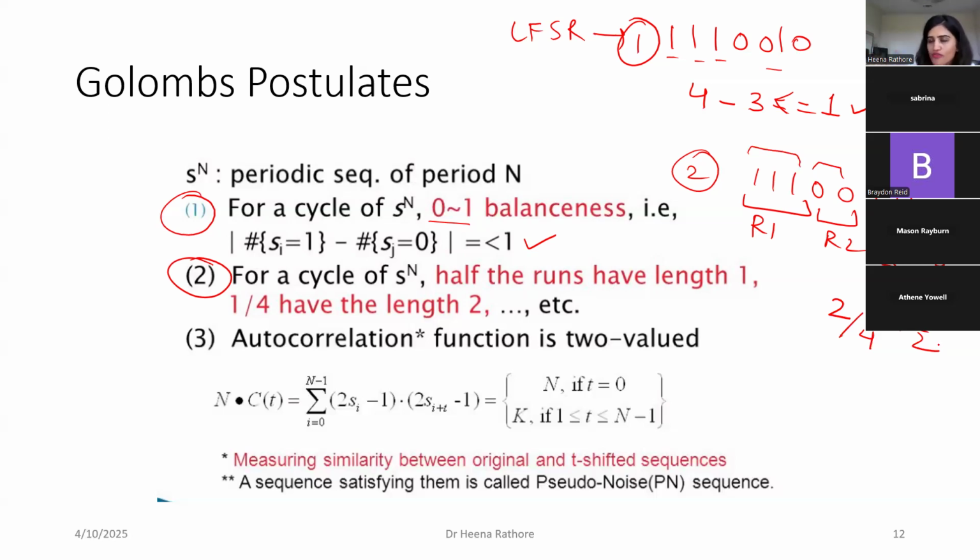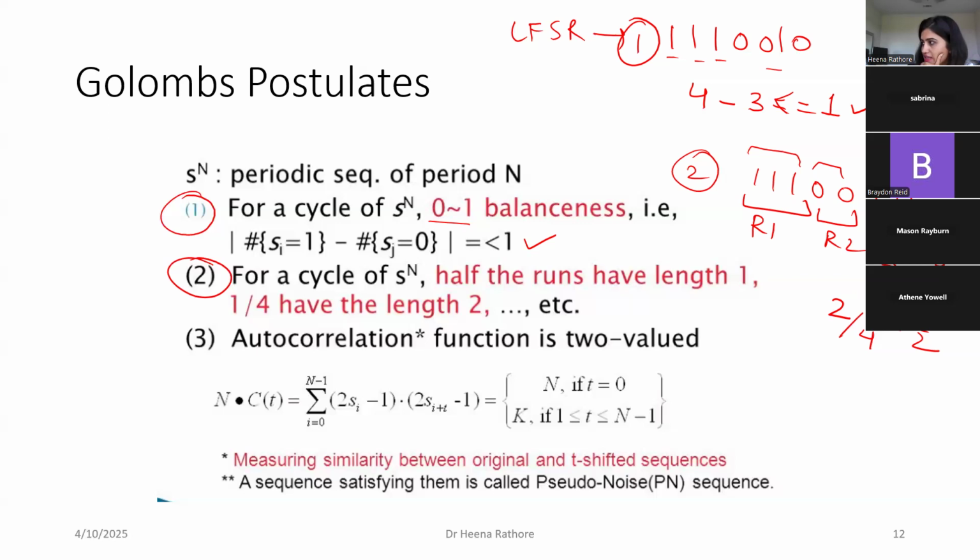If half of the runs have length 1, 1/4 have length 2, 1/8 have length 3, then in that case, your rule number 2 is satisfied. So you will first calculate the number of runs, then you will calculate the number of runs with length 1.